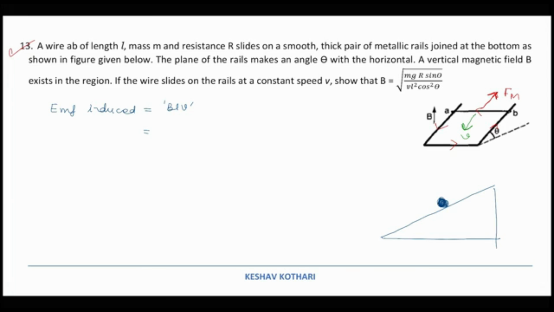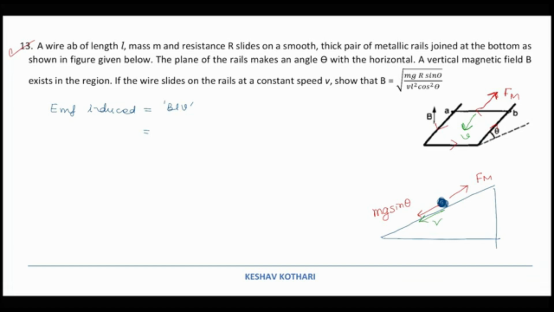Then the weight component which is acting in the downward direction is equal to mg sin theta, and the magnetic force is acting up the incline, which is equal to Fm. So the velocity component which is perpendicular to the magnetic field will be this. So this is the value of velocity which we have.